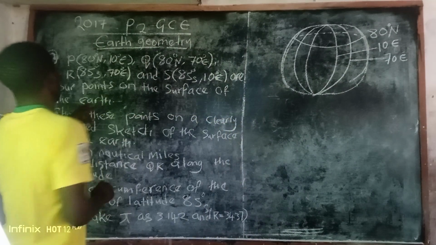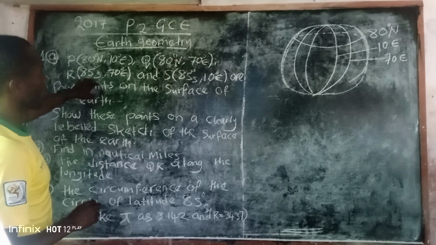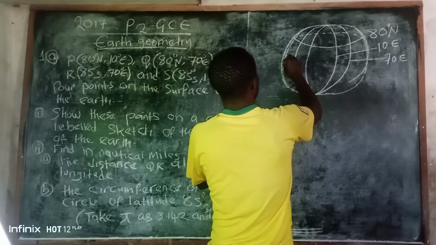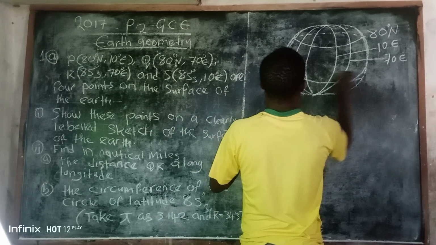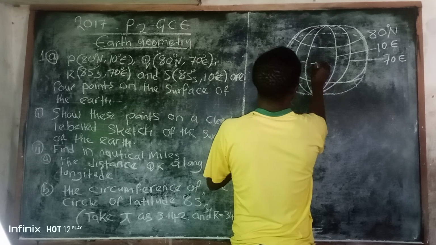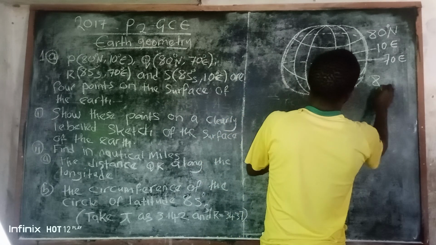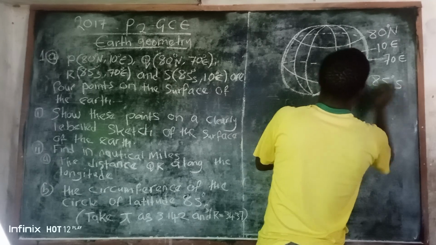Then we come to south. South again, we only have one, which is 85 degrees south.